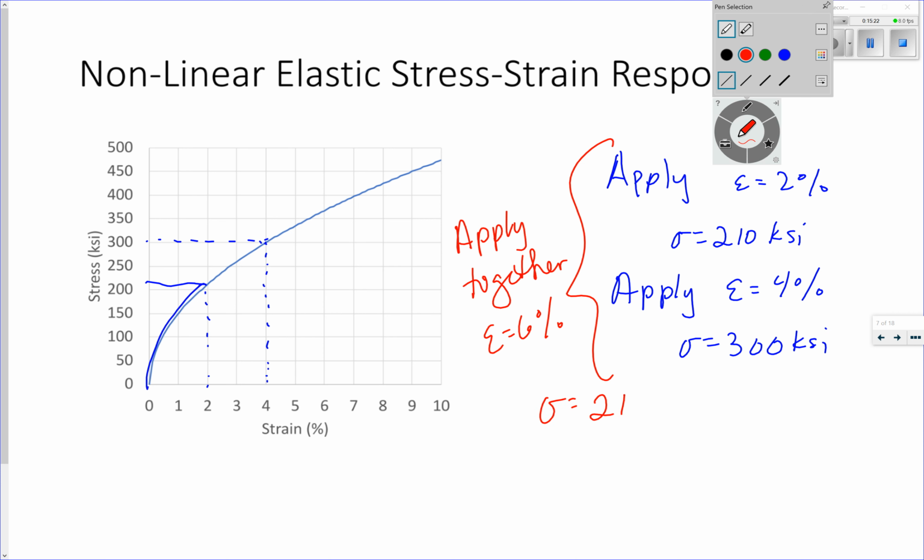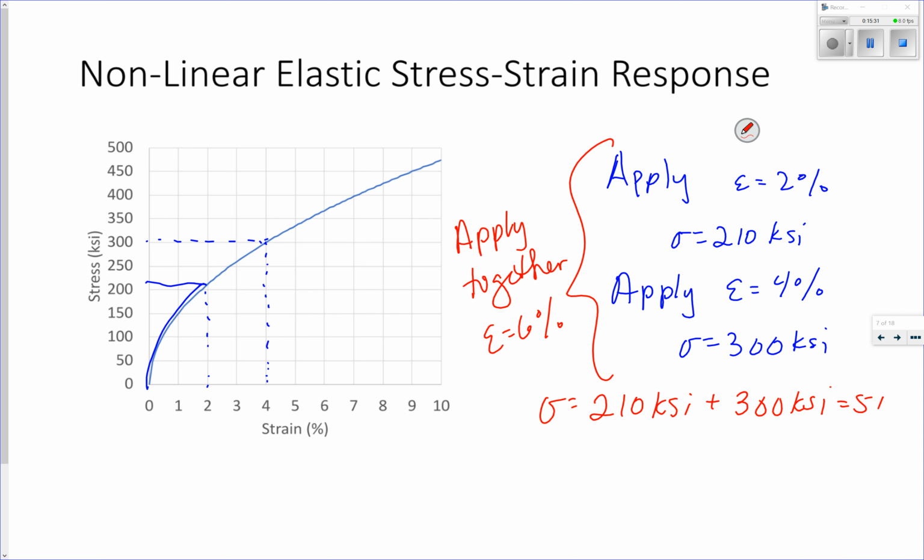I should have within my material 210 KSI plus 300 KSI, which is 510 KSI. So I go and I look at 6%. No, if I apply 6%, I should only have about 370 KSI.